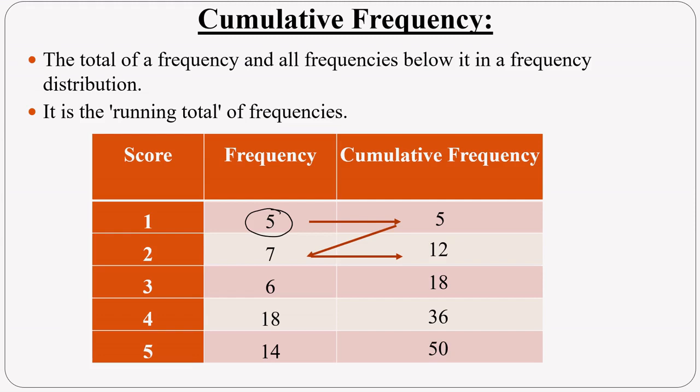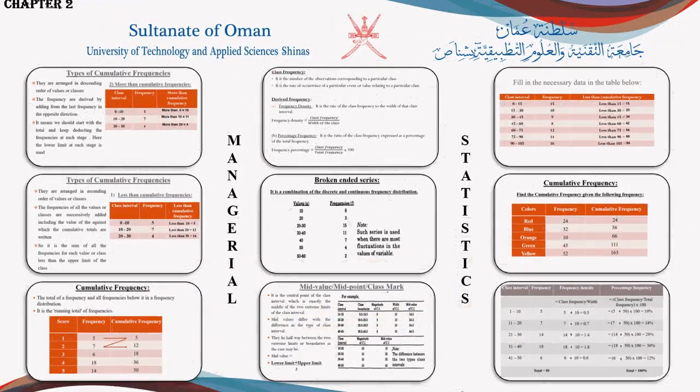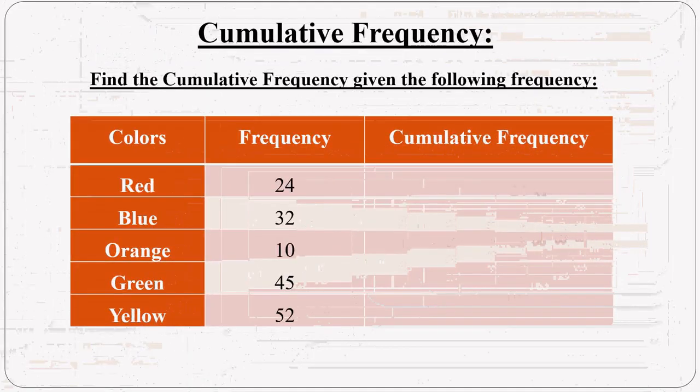It is nothing but the total of a frequency and all frequencies below it in a frequency distribution. Also it is called running total of frequencies. So I hope this simple example is clear. Let us do one more small problem to understand again. In the given example, colors are given: red, blue, orange, green, yellow.